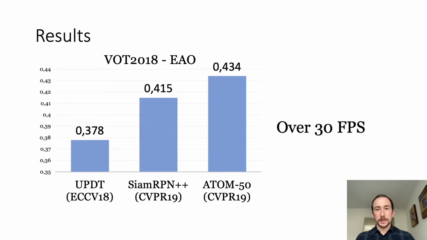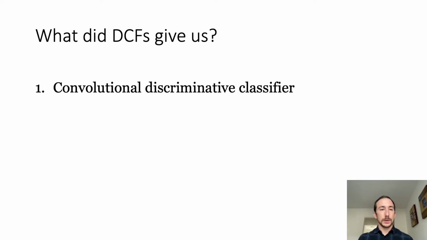So let's look at what discriminative correlation filters gave us that also persisted in this work. First of all, it's the idea of having a convolutional discriminative classifier that is also learned online. This we used, as you saw in ATOM, and will continue to use in the subsequent work I will present here.